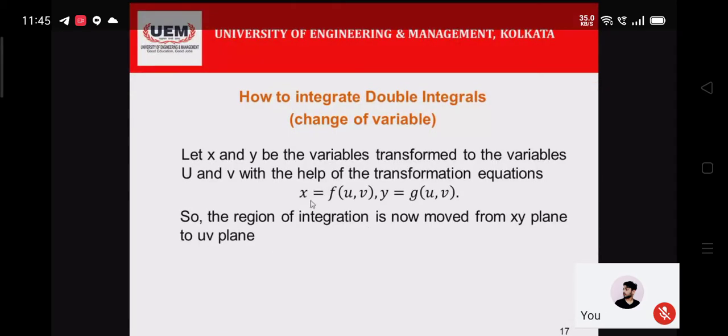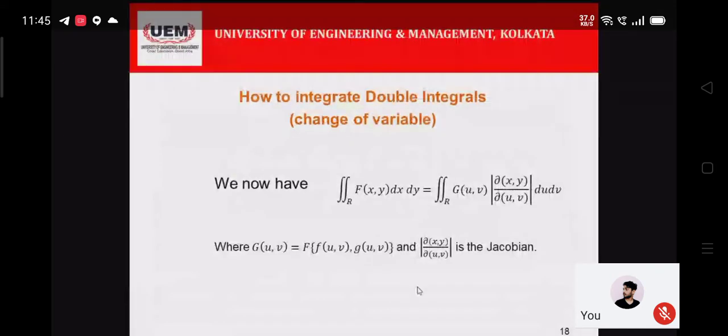Like this, here I have written x in terms of u, v and y in terms of u, v, right? And also check here, what do we need? We need the Jacobian to calculate, right? So let us calculate the Jacobian first and let's see what happens.